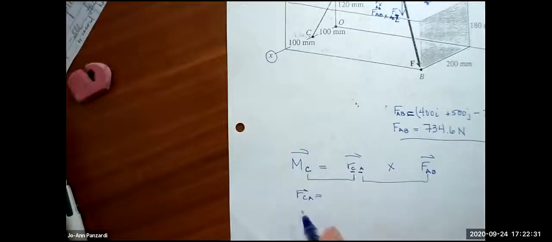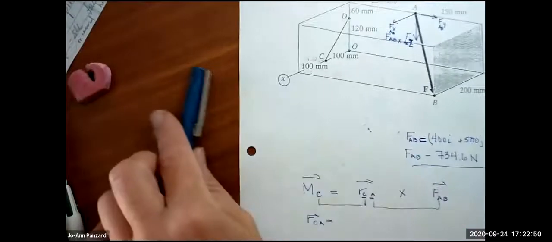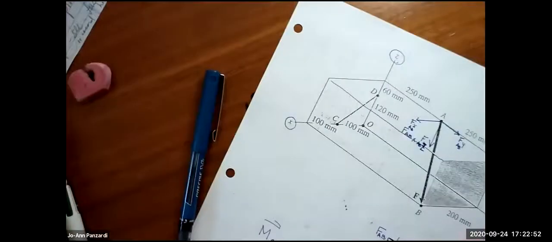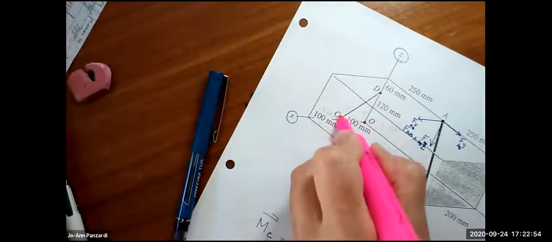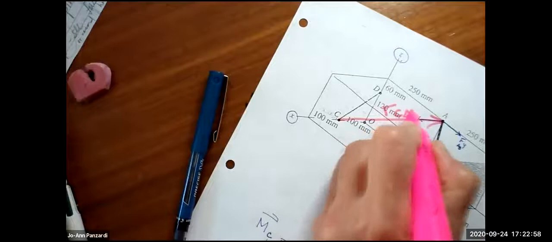Okay, RCA. Colin, are you here? Okay, Daniel C, you're here. So R, going from C to A. Again, this is what we need practice in, right? This is my RCA vector.